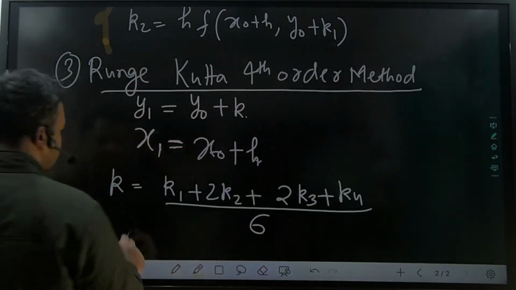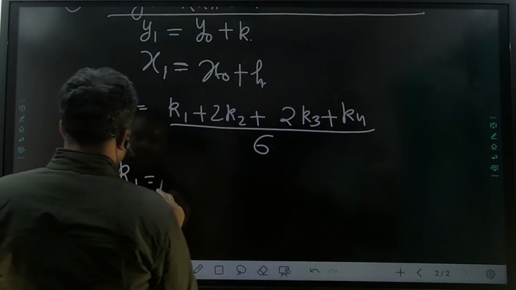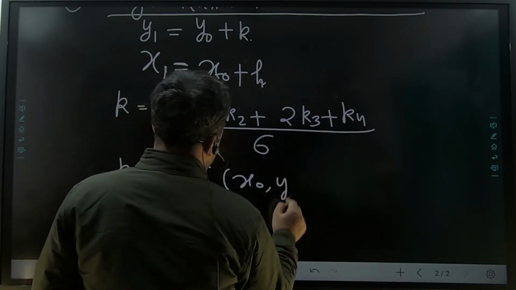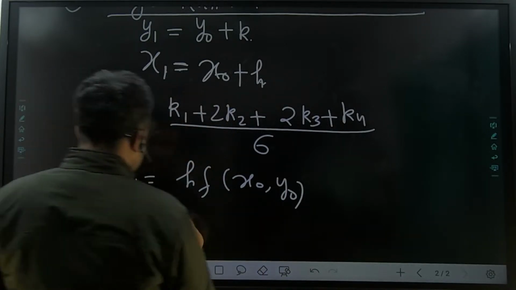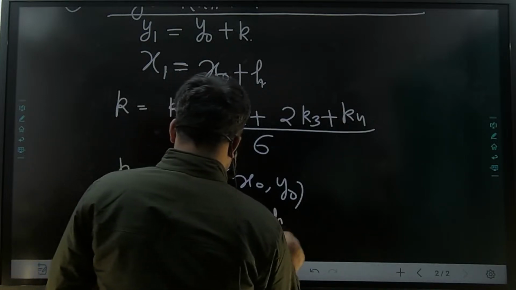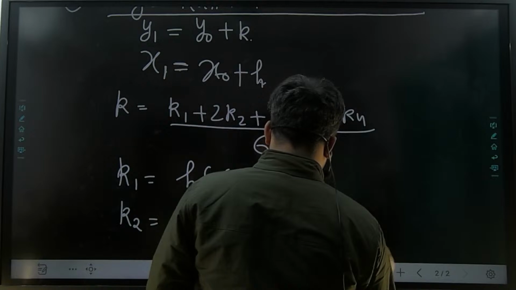And what is k1, k2, k3, k4? This you have to keep in mind. k1 is nothing but step size multiplied with the function value at x0 and y0. Then k2 is given by step size multiplied with the function value at x0 plus h by 2 and y0 plus k1 by 2.